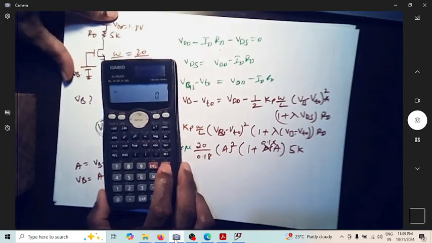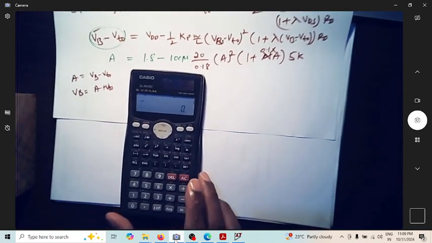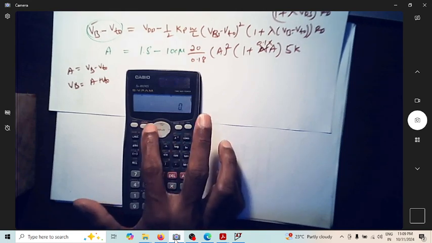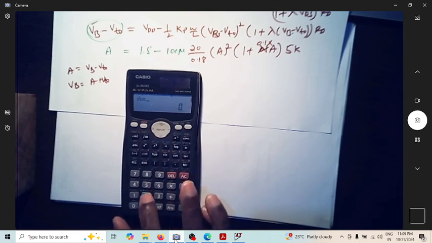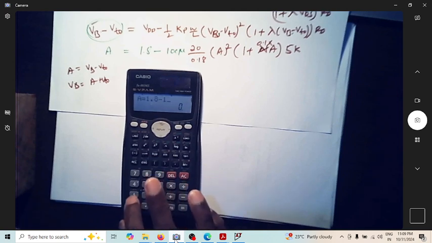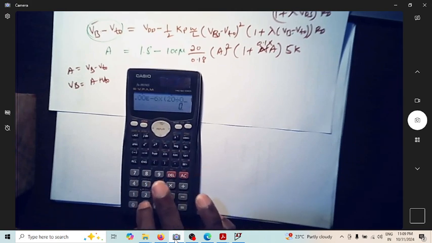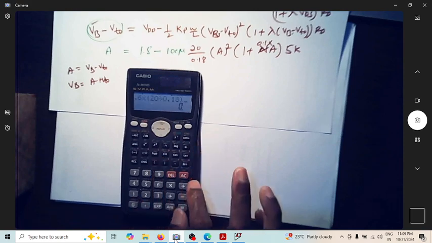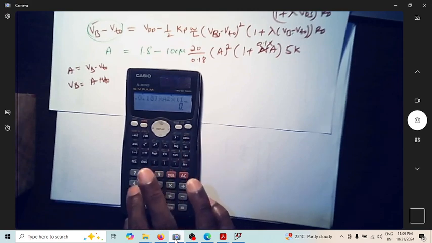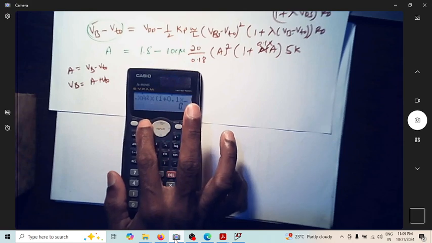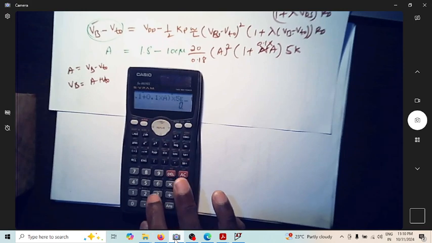So now this is my expression. It is A equals 1.8 minus 100 exponential minus 6 into 20 divided by 0.18 into A squared into (1 plus 0.1 into A), close the parenthesis, into 5 exponential 3.